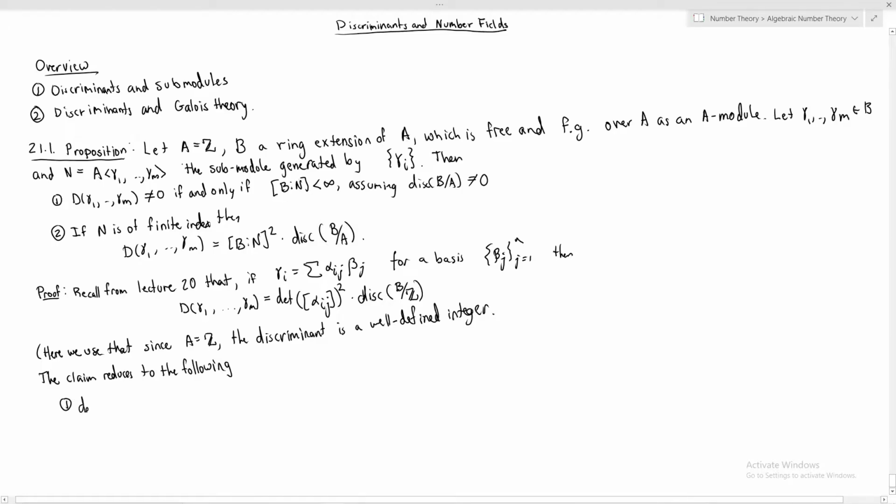So the determinant of alpha ij equals 0 if and only if the index of N in B equals infinity. So this is equivalent to 1 up here using this formula, and 2, if this guy is a finite index, then the determinant of this guy is actually equal to the index on the nose.